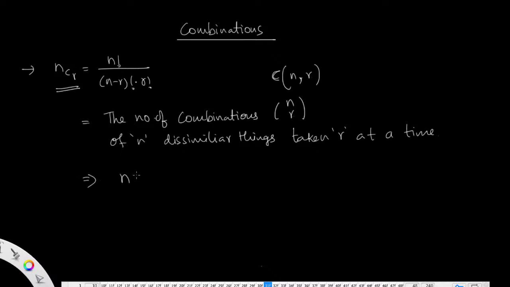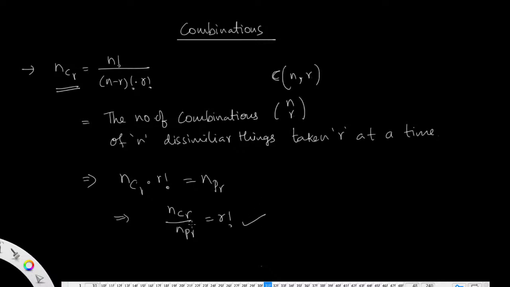The relation between nCr and nPr is this: first we select r things out of n things, and they can be arranged in r factorial ways, which gives us nPr. Then the relation is nPr by nCr equal to r factorial.